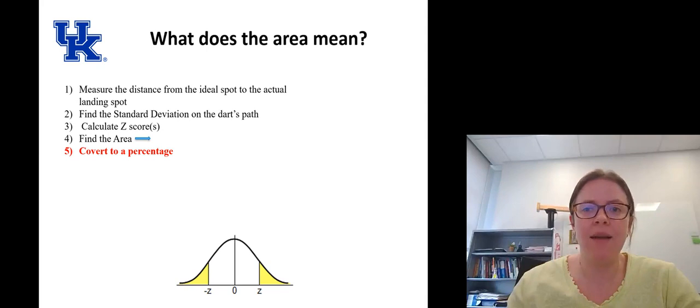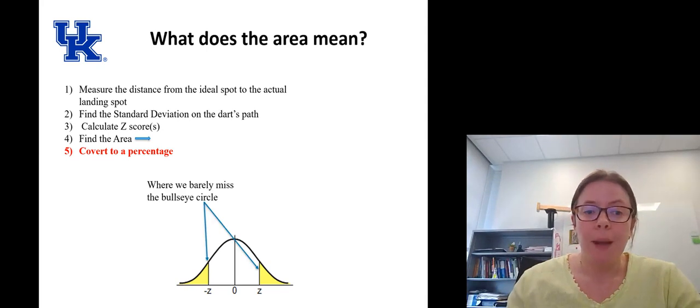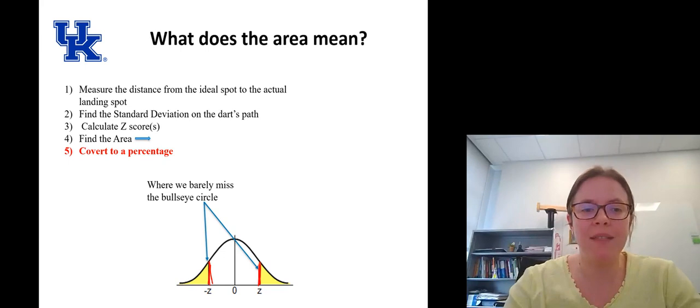So what exactly does the area mean? Okay, I've got a standard normal distribution up on the screen, and these outlines here where I'm drawing in red that correlate with the negative z and positive z, that's where we barely miss the bullseye circle.